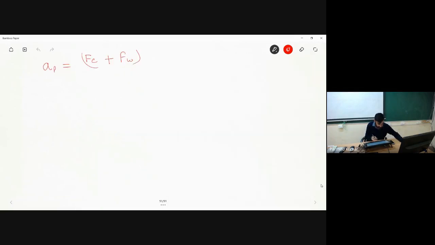This FW I have written wrongly; this FW will not come over here. So it will be FE plus FW divided by exponential of Peclet number minus 1. And what will be the expression for AE?